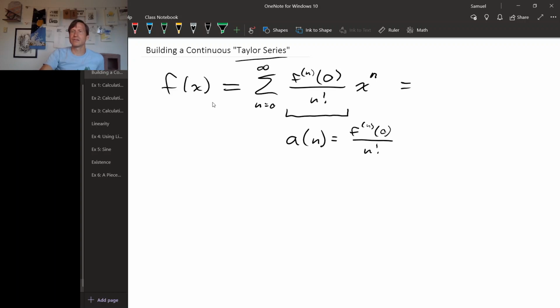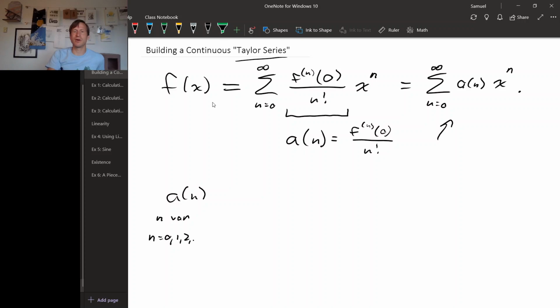And so this series is really the sum from n equals 0 to infinity of a of n times x to the n. Writing it this way, it's as if we started with a function a of n, where n is the variable, and the possible values for n are 0, 1, 2, and so on, because those are the possible exponents in a power series.